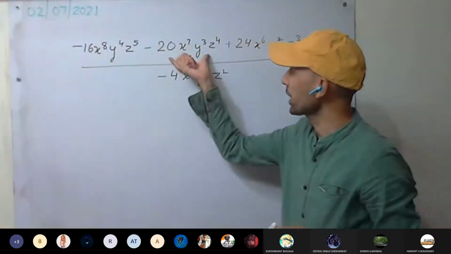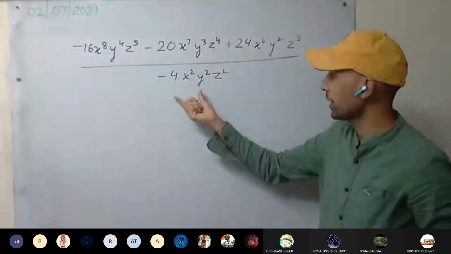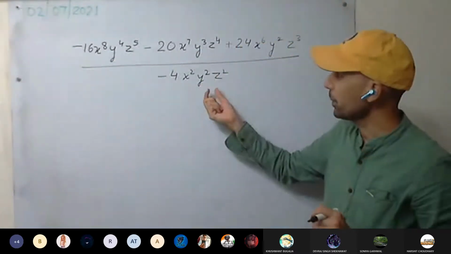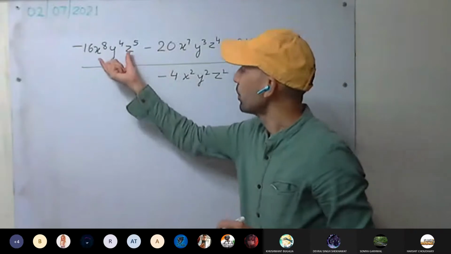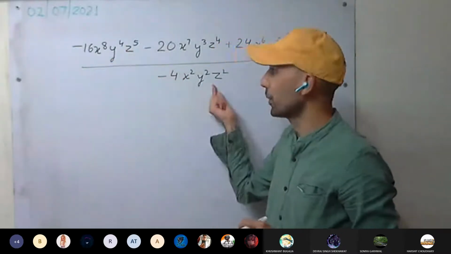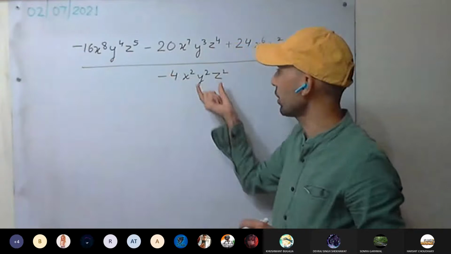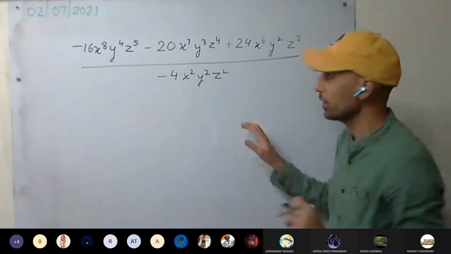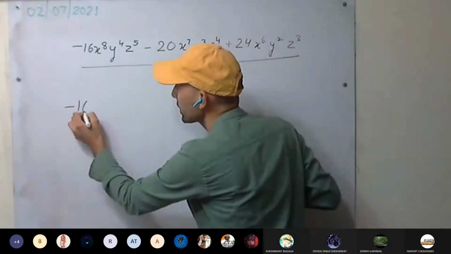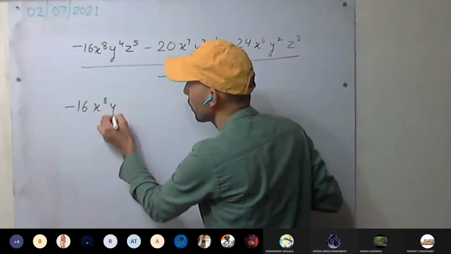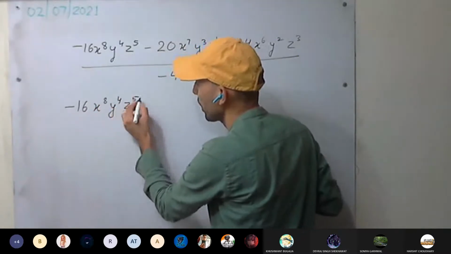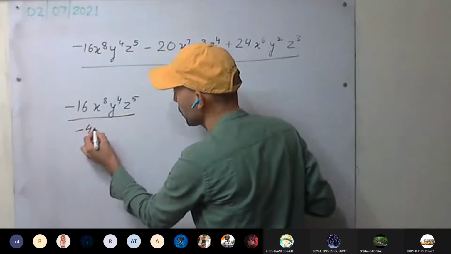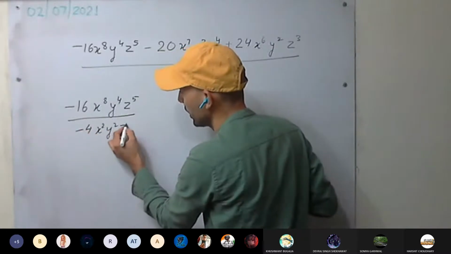This is first term, second term, third term. Okay, divided by this. So first step, we will put each term in the numerator with this one as the denominator. This divided by this, divided by this. This is clear? So it will be minus 16 x raised to power 8, y raised to power 4, z raised to power 5 divided by minus 4 x square, y square, z square.